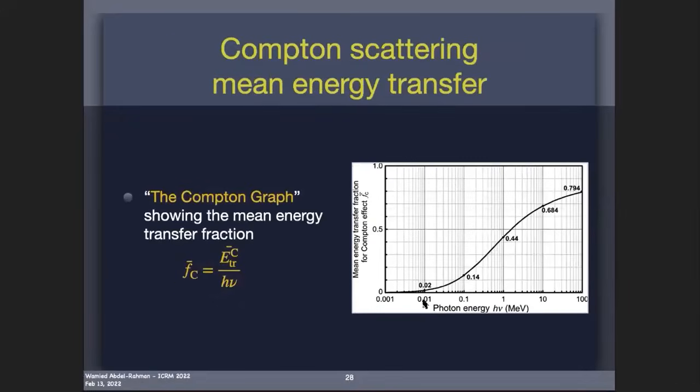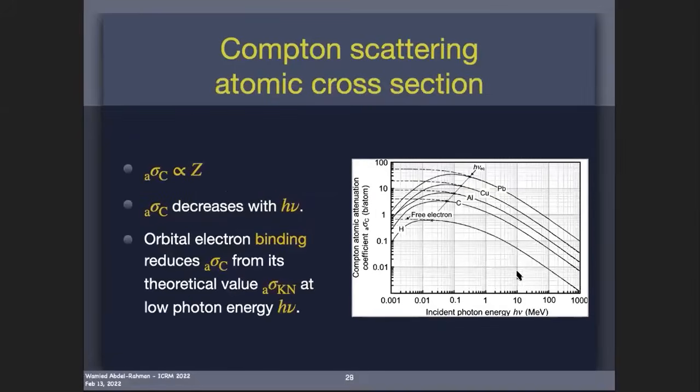For the energy transfer, this is a very famous graph that plots the mean energy transfer to electrons as a function of the incident photon energy. The atomic cross-section for Compton scattering is proportional to Z, as we expect it to be proportional to the number of electrons.